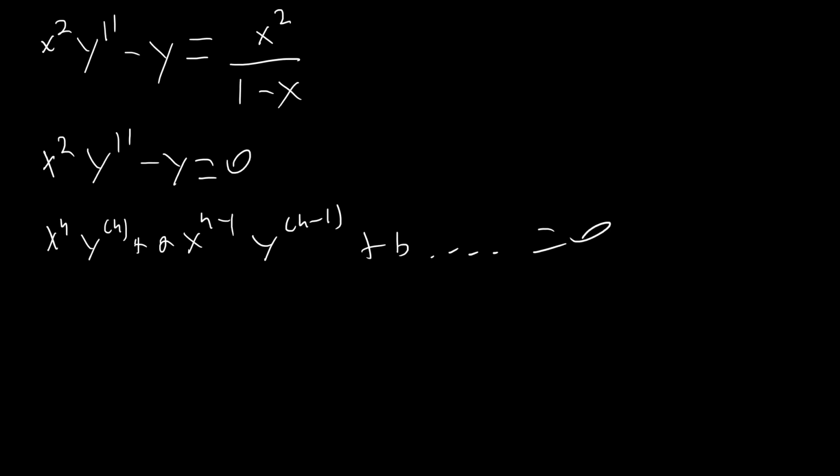Basically, it's just powers of x multiplied by the derivatives of y, such that the number of times y is differentiated is the same as the power of x. And these are pretty easy to solve because the type of solution is already known.